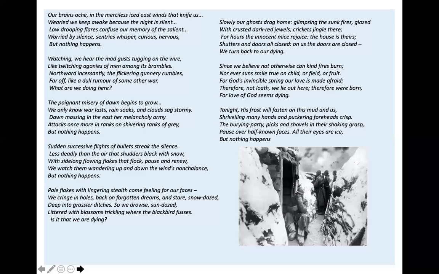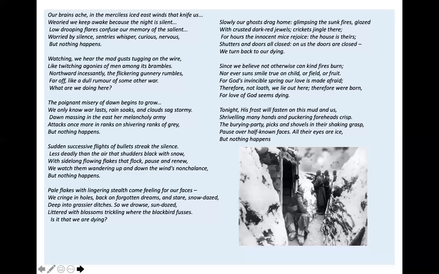They're snow-dazed, obviously being confused, possibly seeing the snow, looking at white snow all this time. They're confused by that, but confused also by their surroundings, becoming dazed and confused and disoriented. But they're thinking about deep into grassier ditches.